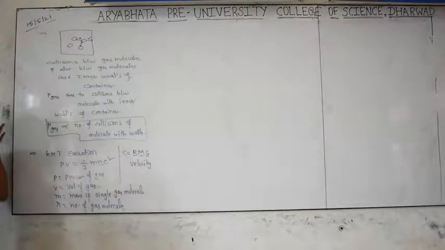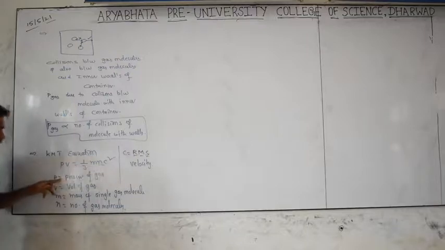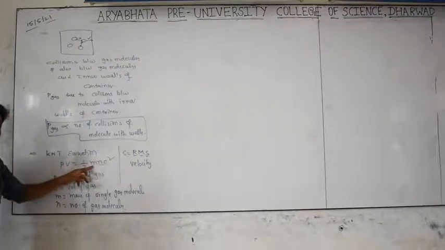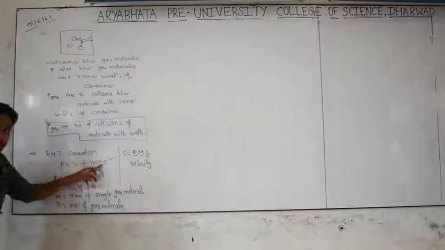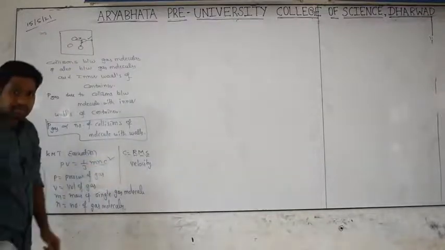What is the kinetic gas equation? The kinetic molecular theory gas equation is PV = 1/3 mnc²: pressure, volume, m the mass of a single gas molecule, n the number of gas molecules, c the RMS velocity.